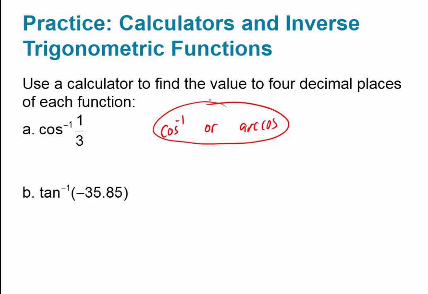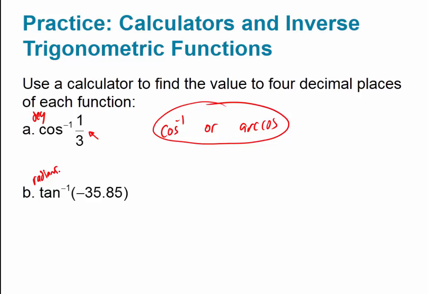Now, another thing, when we're finding the location on the circle where the cosine is 1/3, it could be answered with degrees or radians. So you want to make sure your calculator is set in the correct mode, degrees or radians, for the situation. Now, in this practice problem, I have not mentioned either one, so let's try to do both. Let's do degrees for part A, and let's do radians for part B. So let's practice using your calculator in both situations.